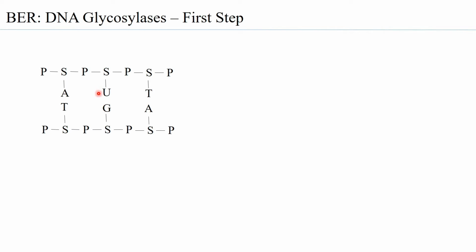Now the point is that this U has to be recognized by something as abnormal, or there has to be something that suggests that here is where you have a lesion, and this lesion has to be corrected.